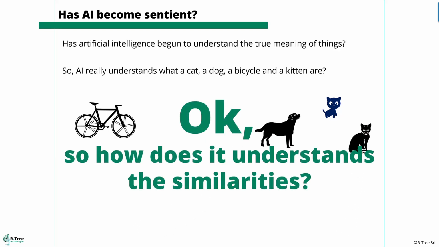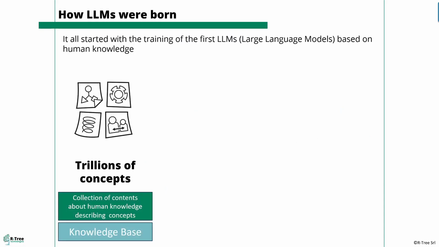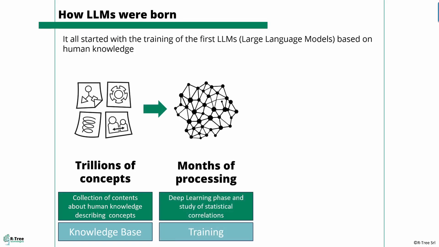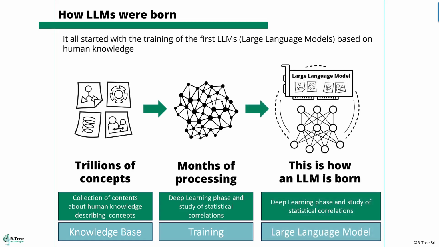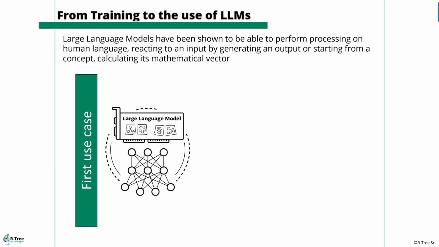Okay, but how does it then understand the similarities between concepts? It all depends on how the large language models were trained. All the available human knowledge online has been collected and special databases have been provided, months of training have been served, and finally the first large language model was born. Large language models have shown to be able to do 2 things.